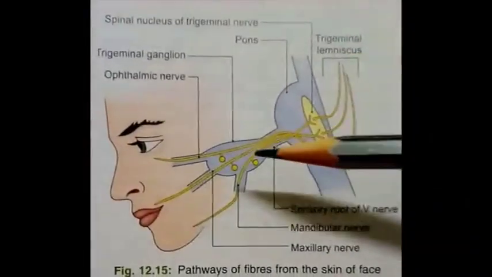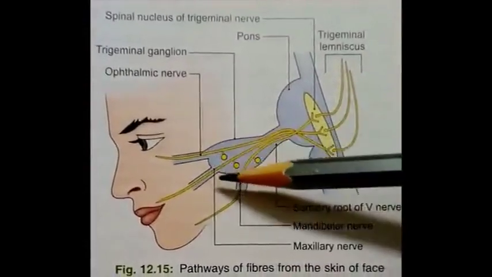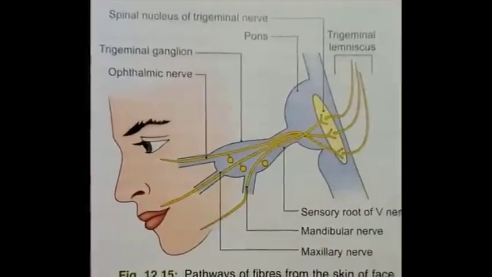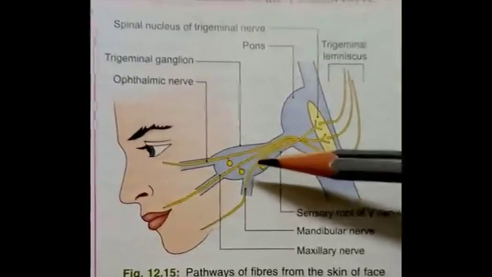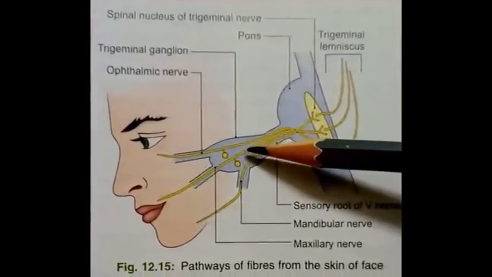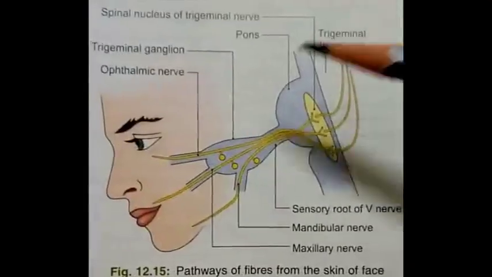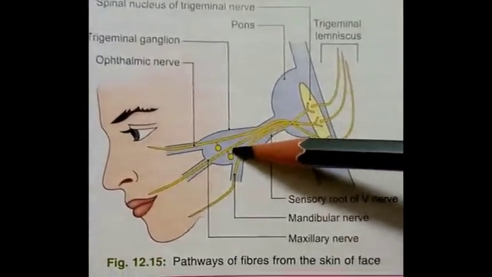Causes may be damage to the roots of the trigeminal nerve or within the ganglion due to any injury, or irritation of the nerve roots within the ganglion or throughout the course of the nerve because of any cancerous condition, carcinoma or tumor. In that condition, pain is relieved by injecting alcohol into the ganglion.